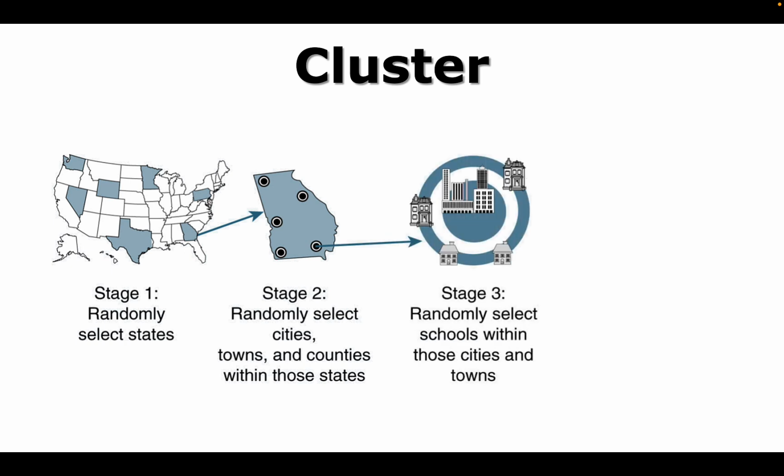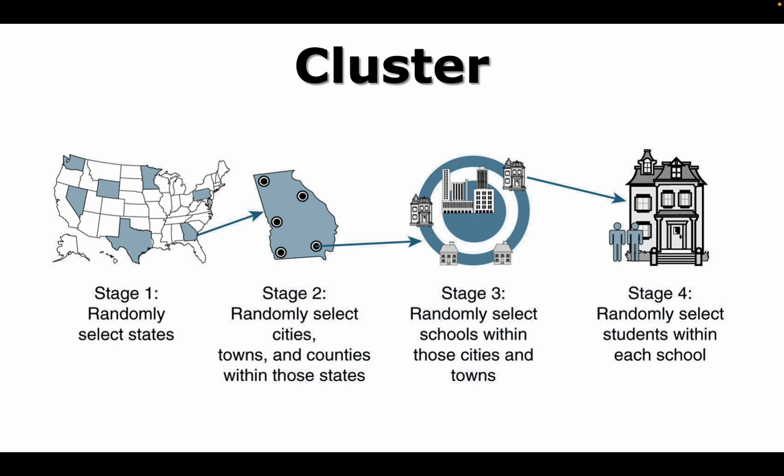In this case, the clusters are individual states, and you randomly select those states, then you randomly select cities in those states, then you randomly select a school from those cities or towns, and then you randomly select students within those schools. So that would be an example of cluster selection.